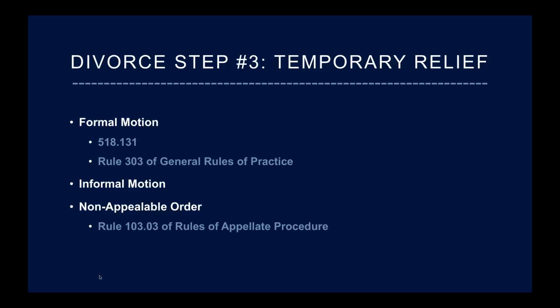The Rule 303 timelines apply to these types of motions, where the moving party, it's now 21 days. It used to be 14, but now it's 21, have to serve their papers. The other side, if they're raising a new issue, has to respond 14 days prior to the hearing. And then if there's no new issue being brought, the responding party can respond 7 days prior to the hearing.